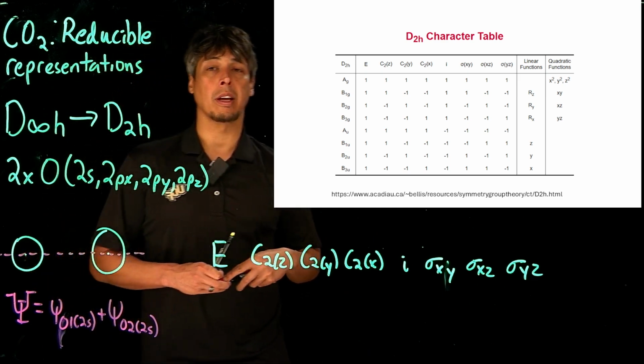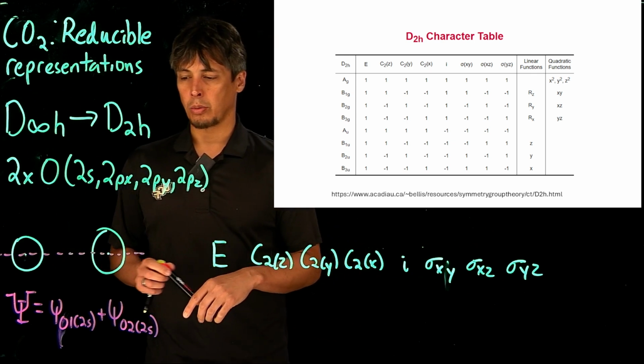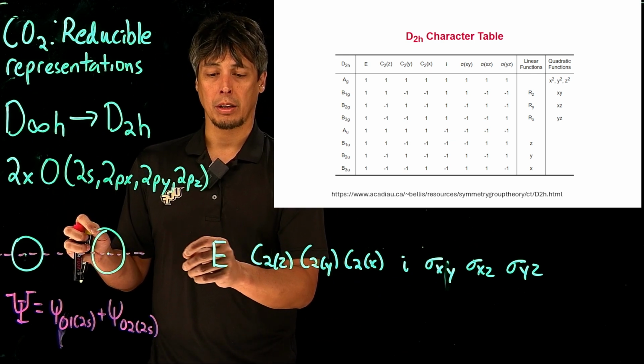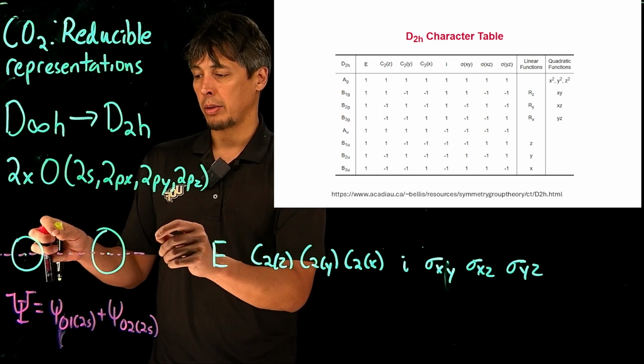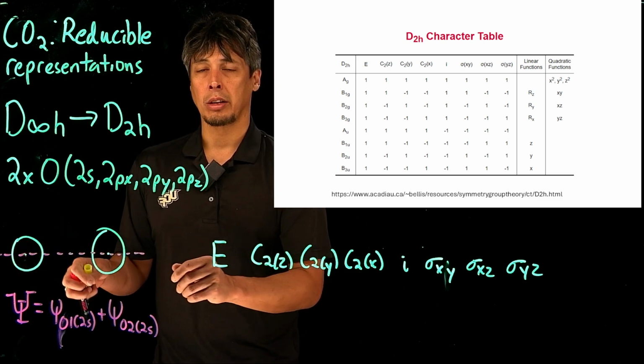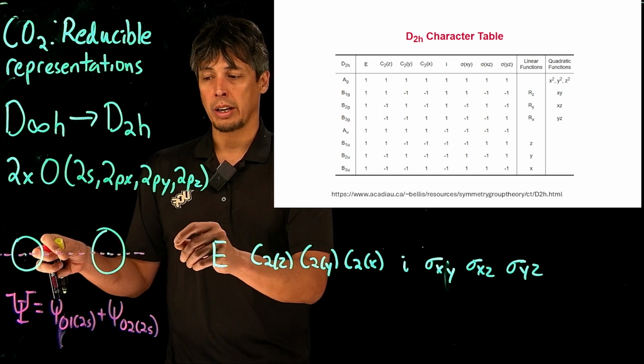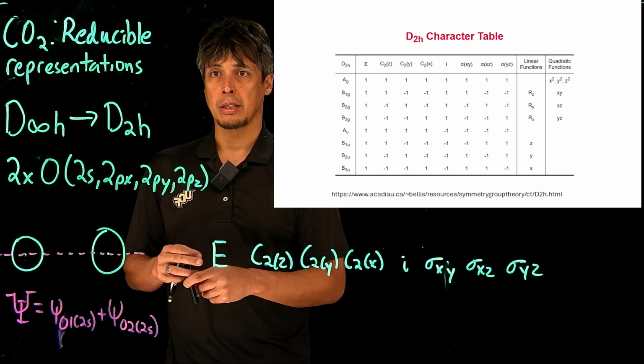And remember that's what we decided was our z axis. So what we're saying is, what is the result on this linear combination of atomic orbitals if we rotate on this z-axis.